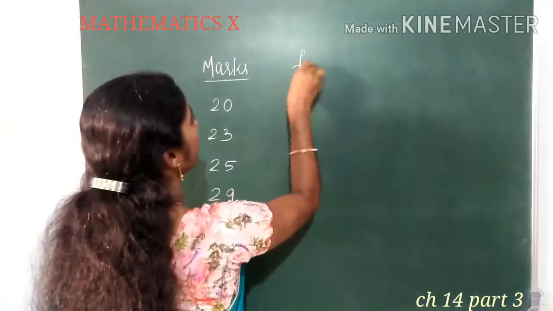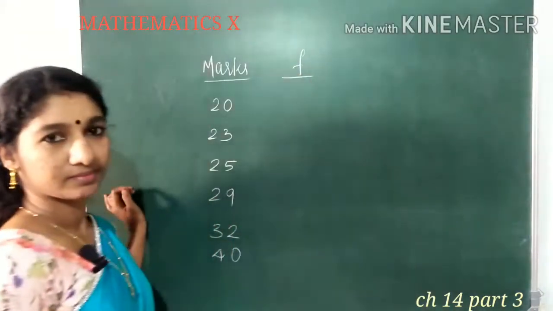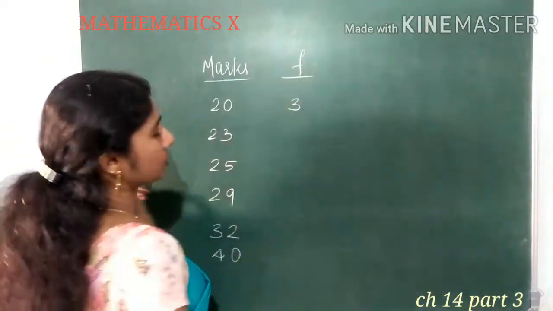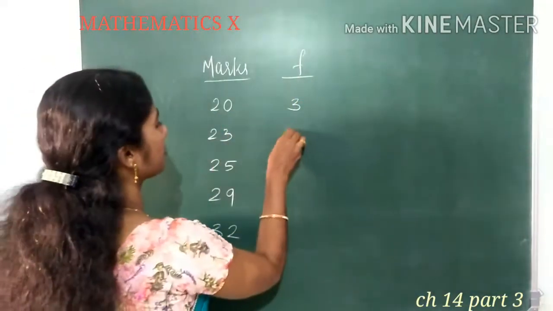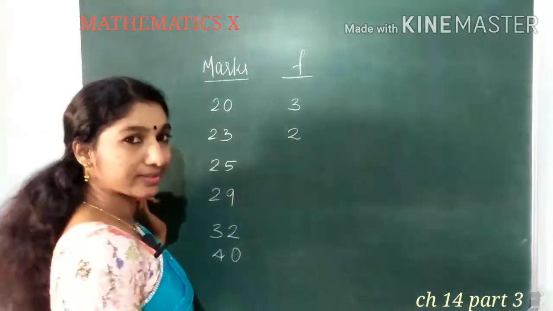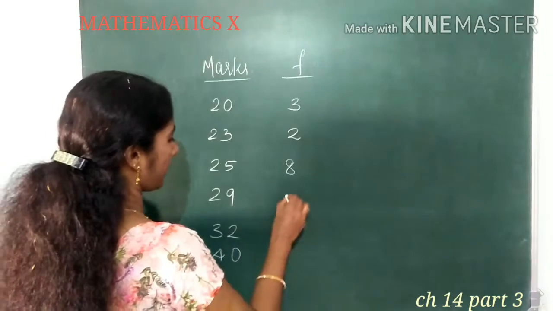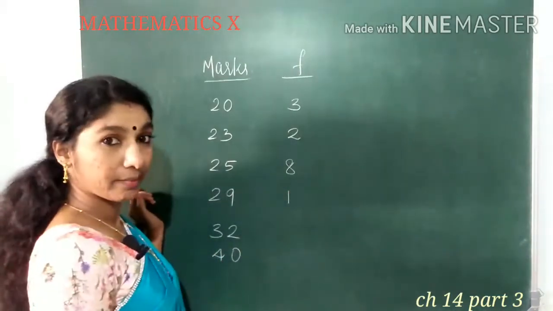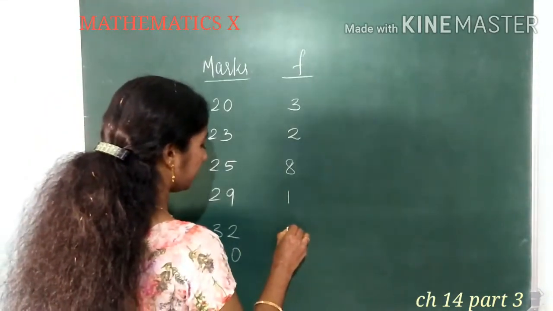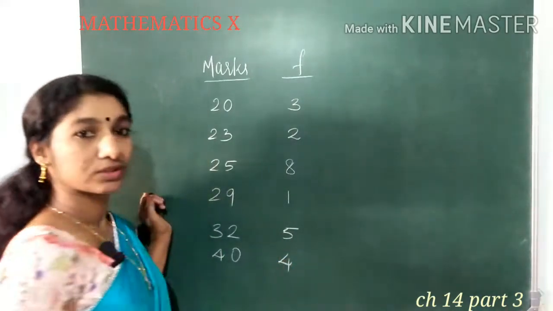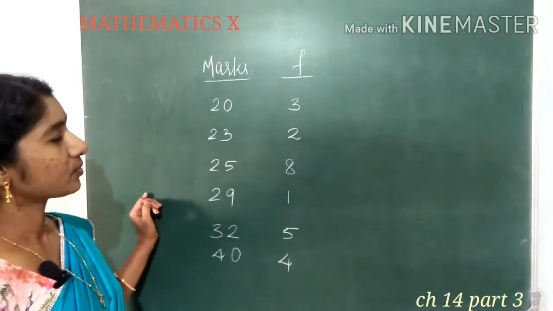And the frequency of this: 3 students got 20 marks, 2 students got 23 marks, 8 students got 25 marks, 1 student got 29 marks, 5 students got 32 marks and 4 students got 40 marks. Suppose this is the situation.